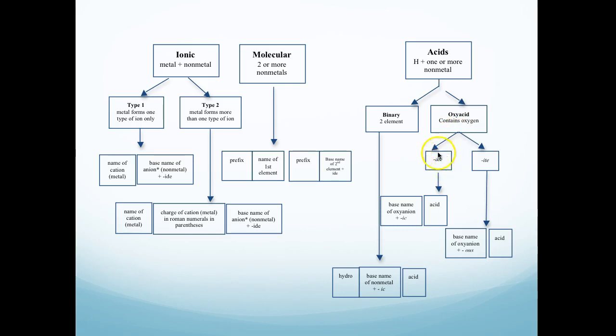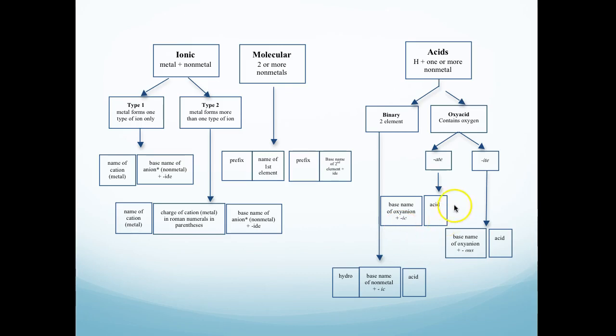So since my polyatomic ends with -ate, this is the way I name it. I want the base name of the oxyanion, which is going to be sulfur, and then I'm going to add -ic to the end. So if my polyatomic ion ends with -ate, I will have -ic at the end. It will be sulfuric acid.